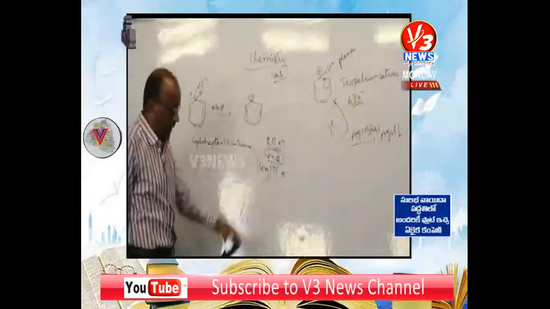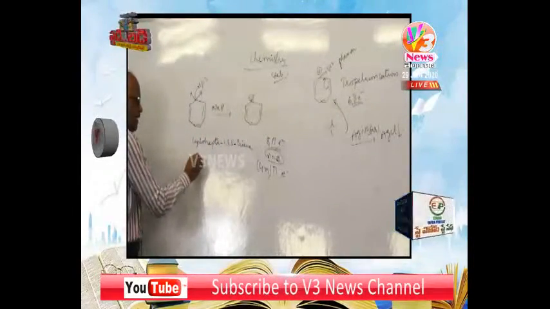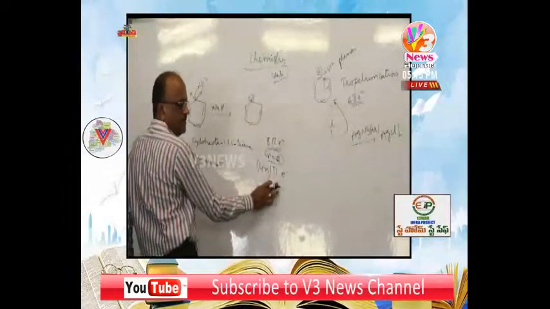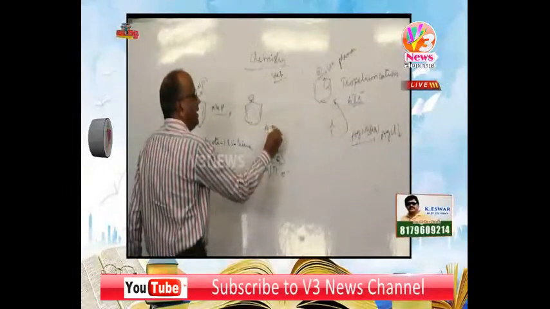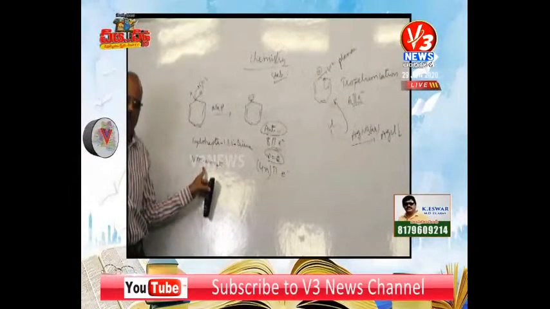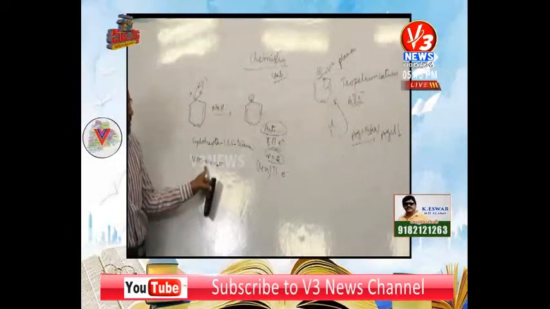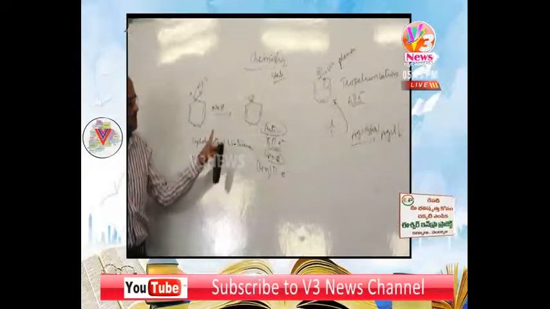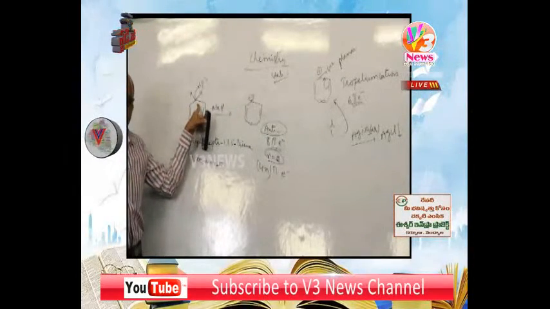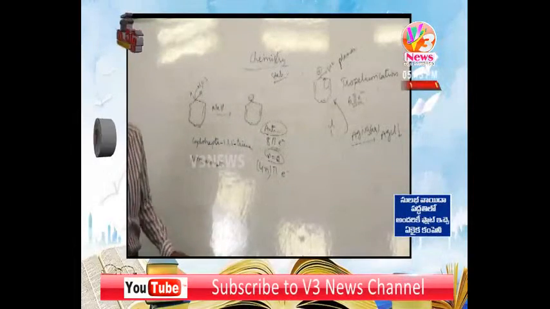This is non-aromatic, and this compound is anti-aromatic. Now whether the system is going from more stability to less stability or less stability to more stability? It is going from a stable system to a less stable system. Now tell me, will it show acidic nature? It will not show acidic nature.